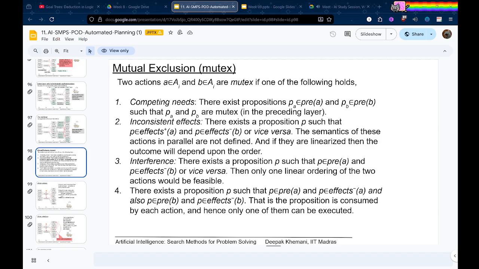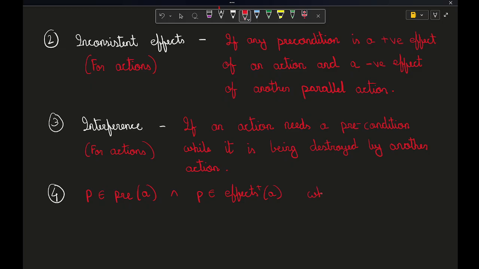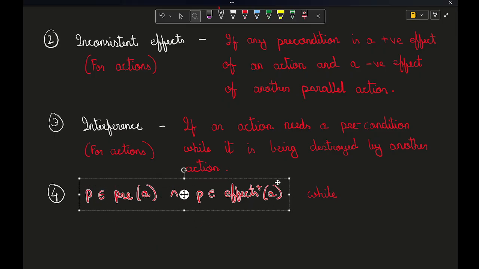No, it is just that. Okay, so the fourth one is just that P is a precondition of A and P belongs to the negative effects of A, while the same thing holds for B.